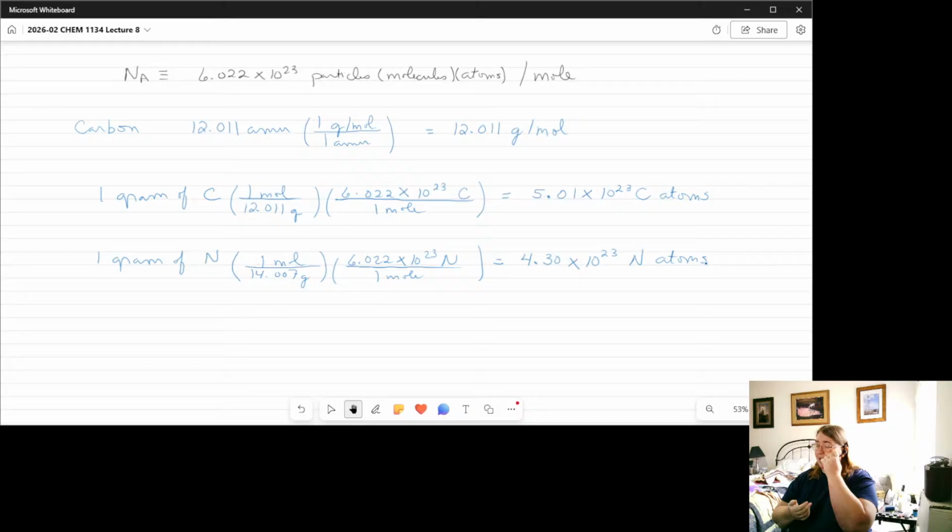So we understood that we needed a way of scaling mass to amount. You see, because if I'm looking at 5 times 10 to the 23 carbon and 4 times 10 to the 23 nitrogen, if I'm looking at mass, I'm like, okay, I have the same amount of carbon and nitrogen. The truth is you don't. You have more carbon than nitrogen.